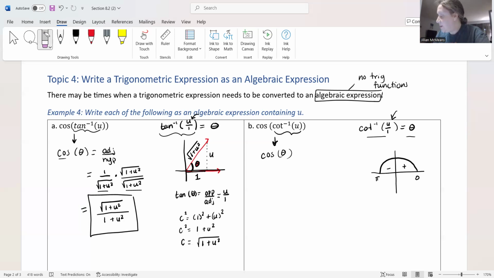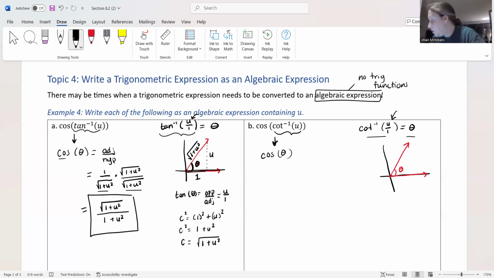That was a little wordy, a little jumbled, but let's do it. So let me erase this picture, and we're going to draw first our angle theta. We know this angle theta needs to live in quadrant 1. So I'm going to draw it in standard position like so. This is theta. And from this, let's build a right triangle. Now, when we're dealing with cotangent, you have to remember that cotangent is the reciprocal of tangent.